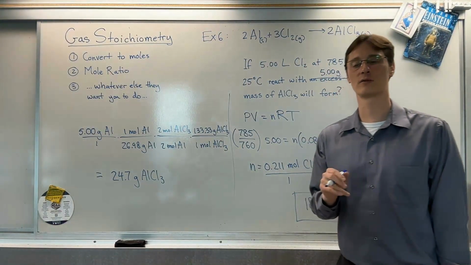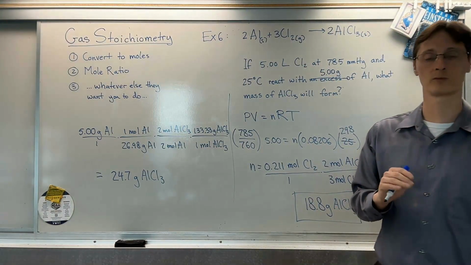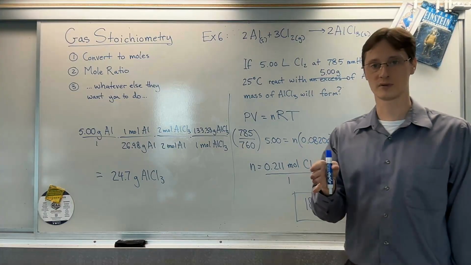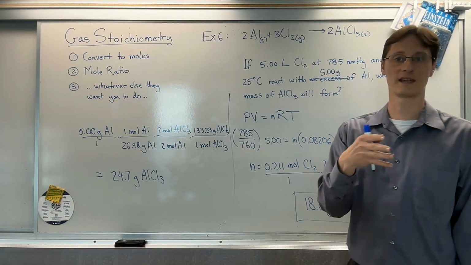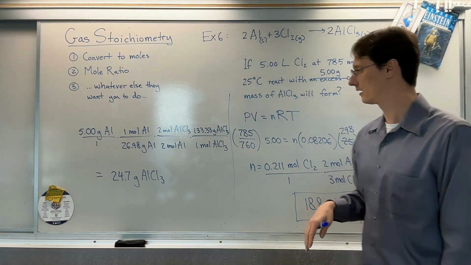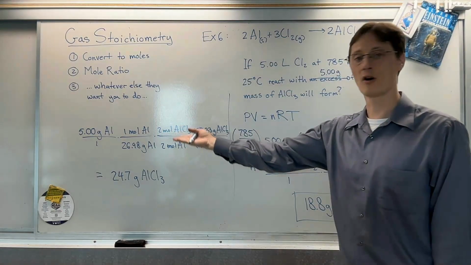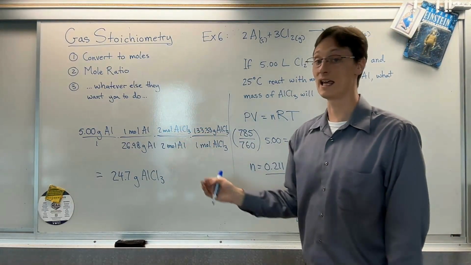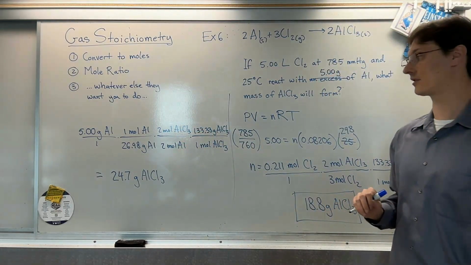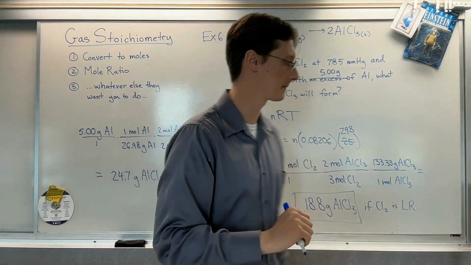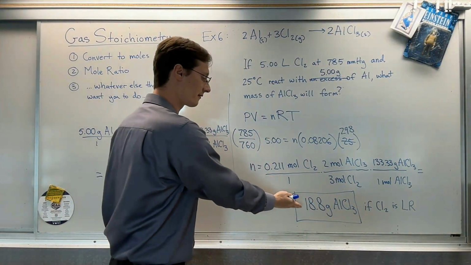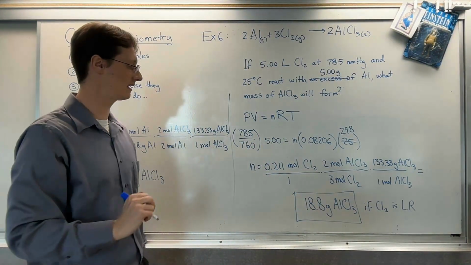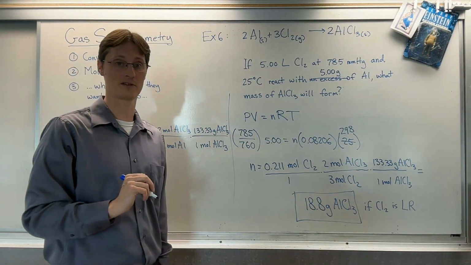All right, now if you think way back to when we did limiting reactants, right, the thing that we said to do is always choose the smaller result, right? The smaller result will correspond to the one that actually runs out first. Okay, so if all of the aluminum reacted, I could get 24.7 grams of aluminum chloride. But all of the chlorine reacting will only give me 18.8 grams of aluminum chloride.